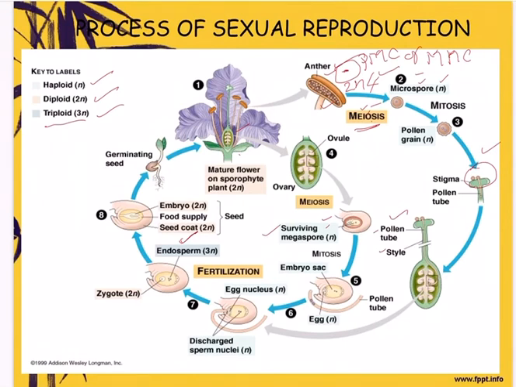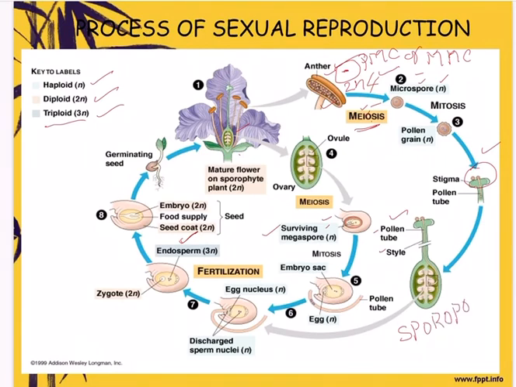It has 2 layers. Each pollen grain has got 2 layers, outer exine and inner intine. The outer layer exine is thick and sculptured or smooth. It is made up of sporopollenin. You must remember this word.